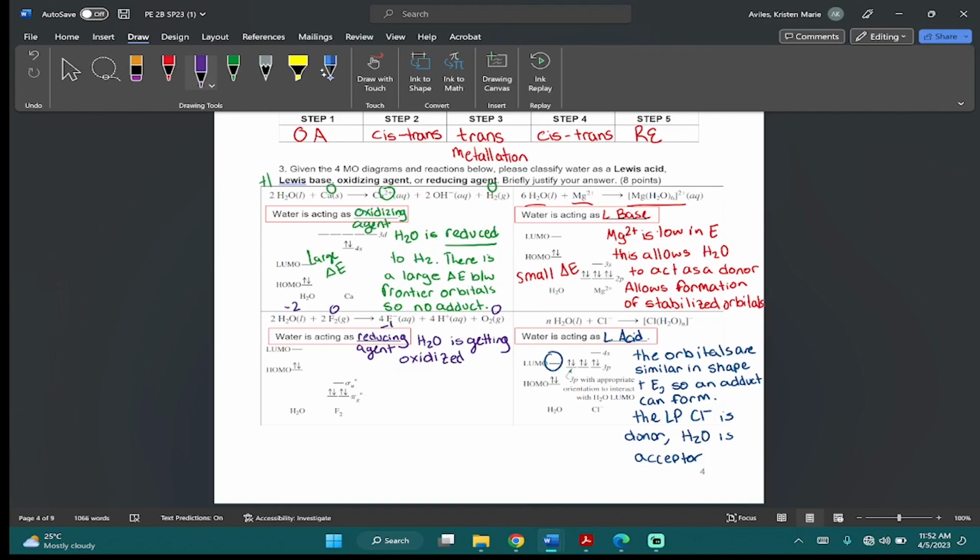So the F2 frontier orbitals, these orbitals over here, are low in energy. And there is a large energy gap. So instead, what we see is complete electron transfer.